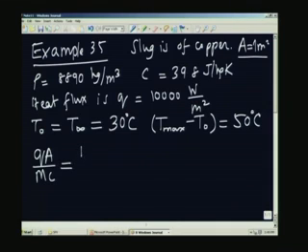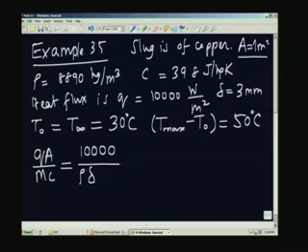So, Q is 10 to the power of 4 or 10,000 divided by the mass of the slug. Thickness has been given as 3 millimeters, and the mass will be nothing but rho into volume, and rho into the volume is nothing but A into delta. So, this becomes simply rho into delta, because A will cancel off with that A. That is why we do not require the A in this problem.